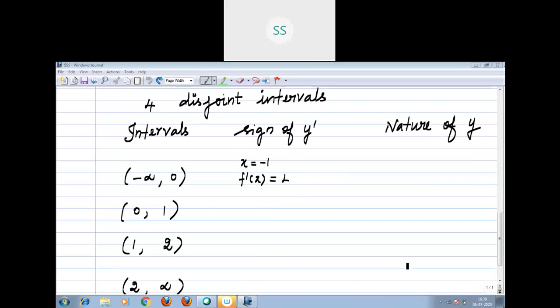Directly, I will write the answer here because I didn't have a space, right? Cursor is not moving. 1 minute.